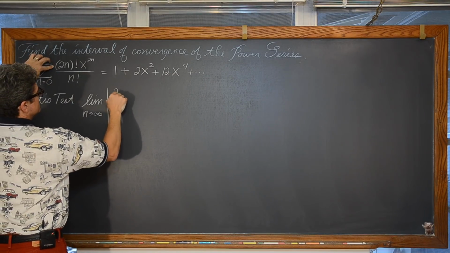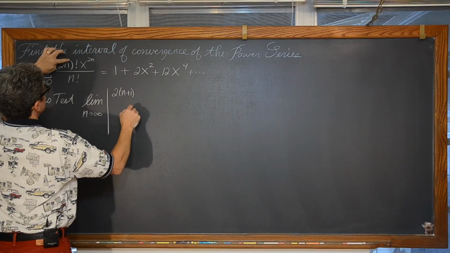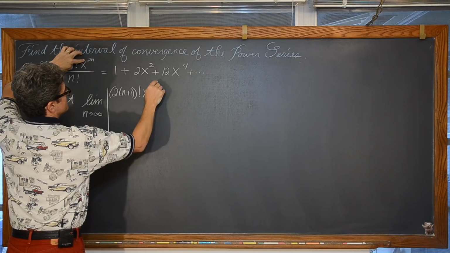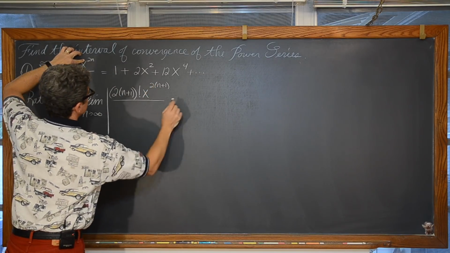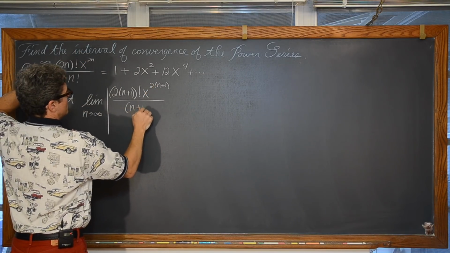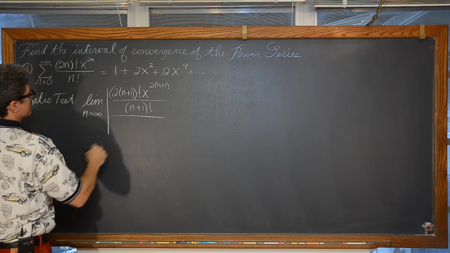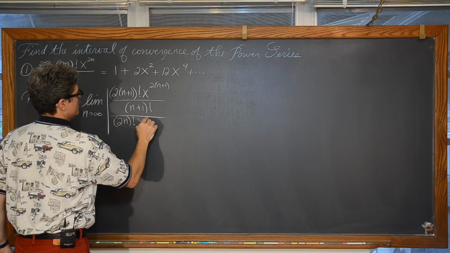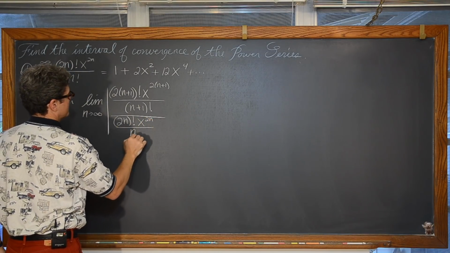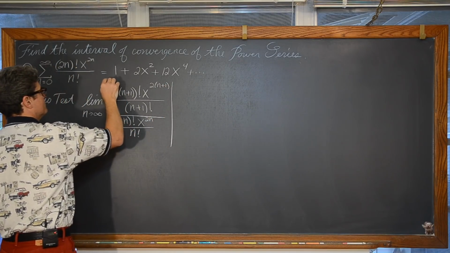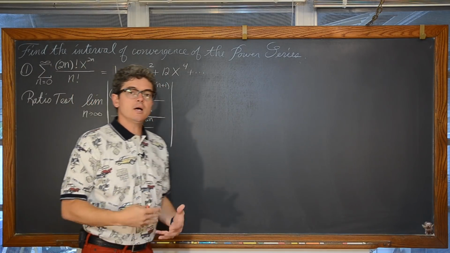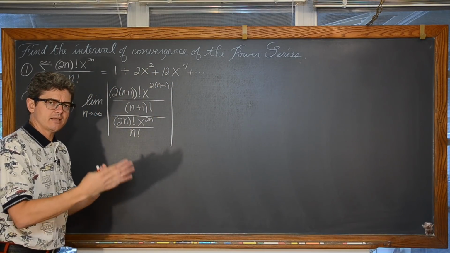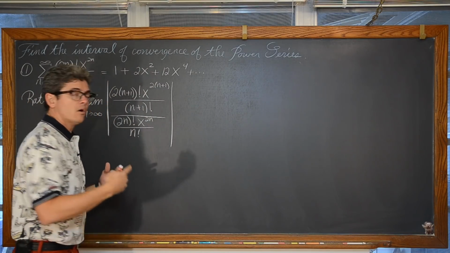So we have (2(n+1))! x to the 2 times (n+1) power over (n+1)! over (2n)! times x to the 2n over n!. So let's get all this cleaned up until we get that binomial, that x minus c, the absolute value of that, compared to our radius of convergence.